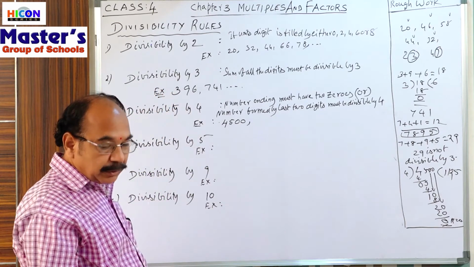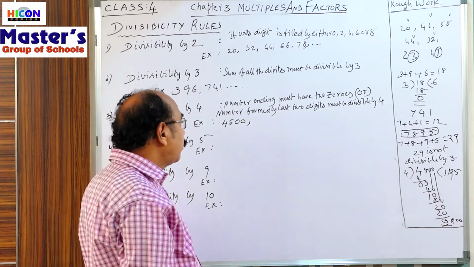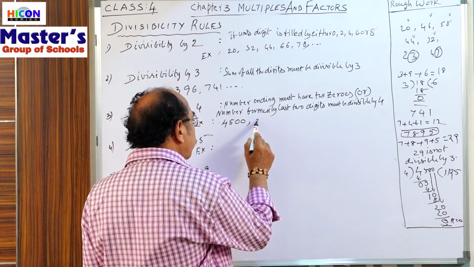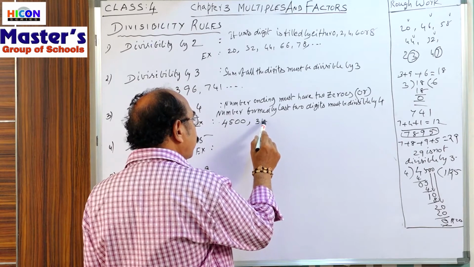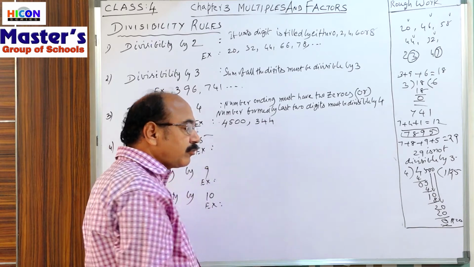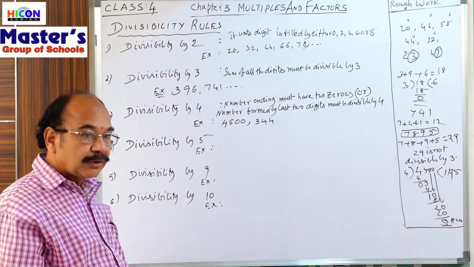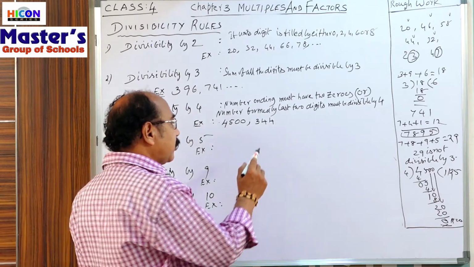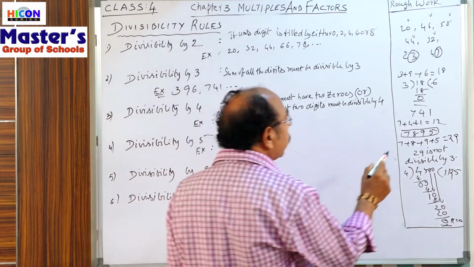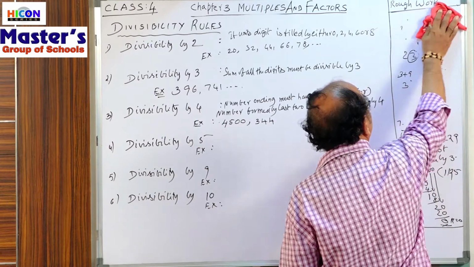One more example, you see children, divisible by 4: 3, 4, 4. What is the number formed by the last two digits? 44. The number here, 344, I gave.